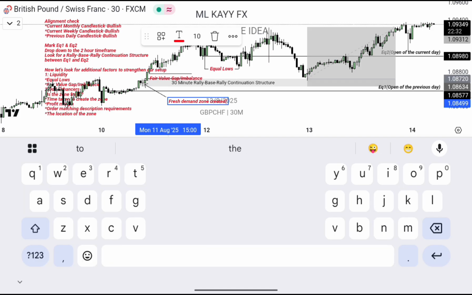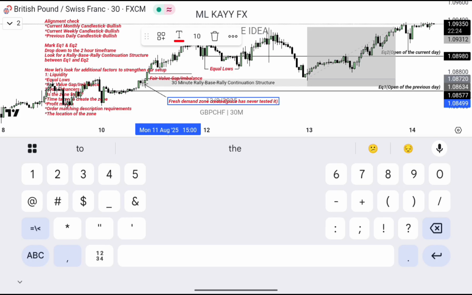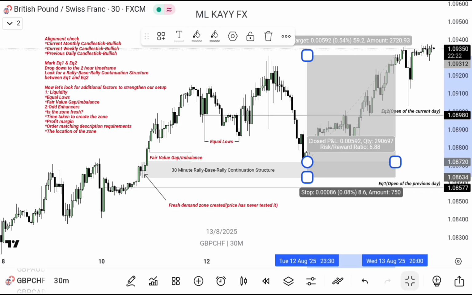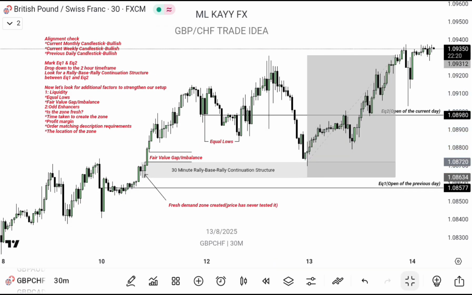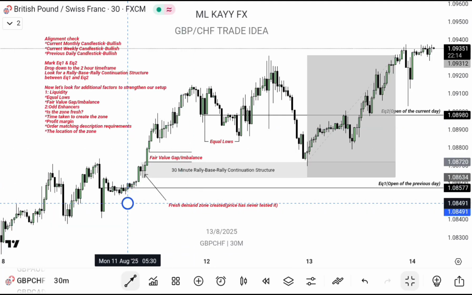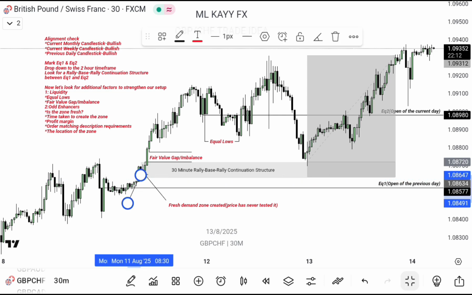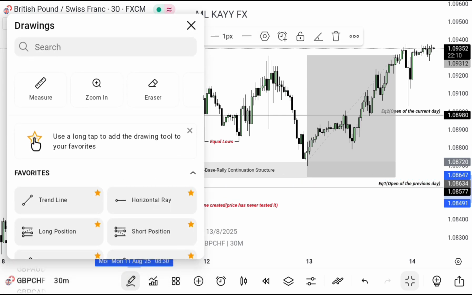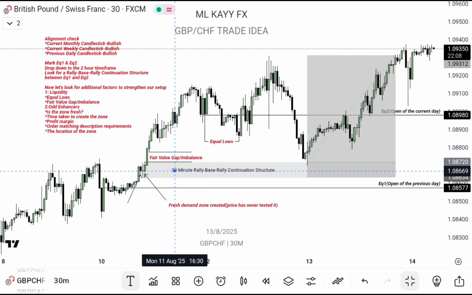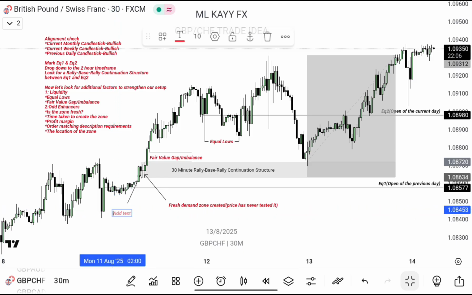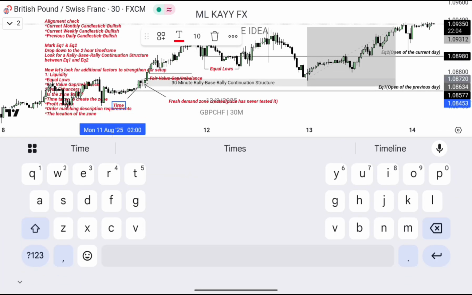Price has never tested that zone, meaning it's fresh, meaning there are unfilled buy orders. I will make a video on filled orders and unfilled orders in the market, then you'll understand how price moves, right? So now, yes, price has created a fresh demand. That's the first thing that we need to check, right?